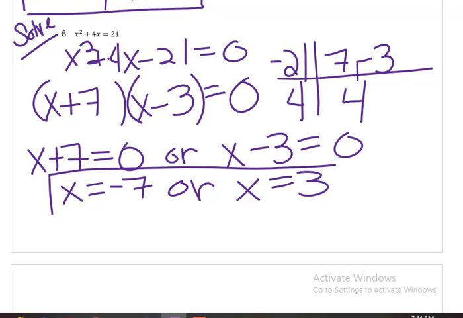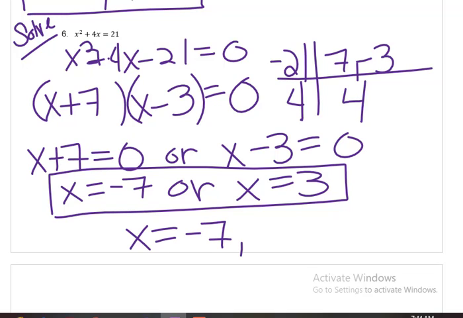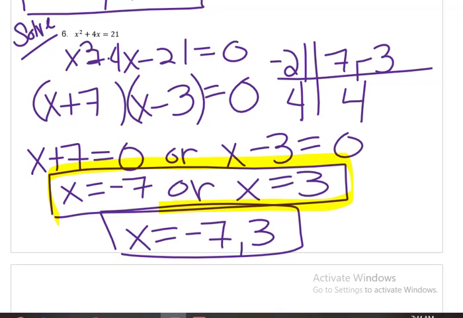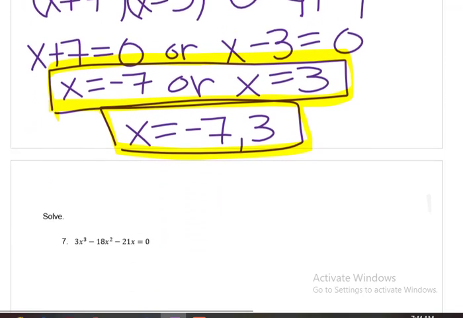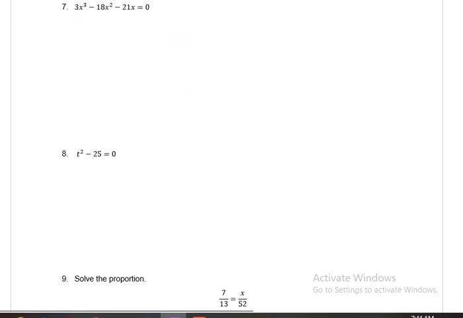This is a fine way to represent your answer, or group them some way so that we can clearly indicate what you meant for your answer to be. I would like your answer expressed in one area on your test. So x is equal to negative 7, or x is equal to 3. Number 7.